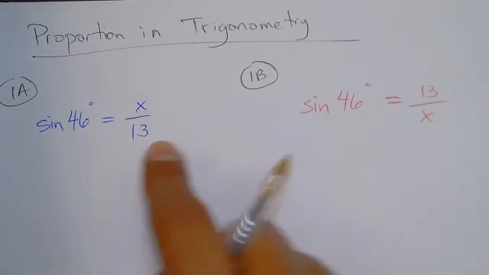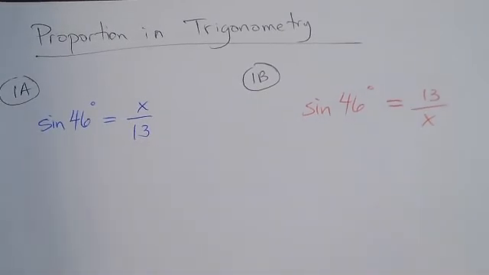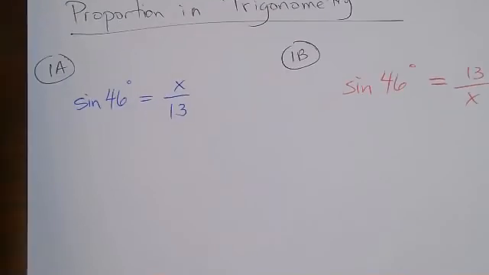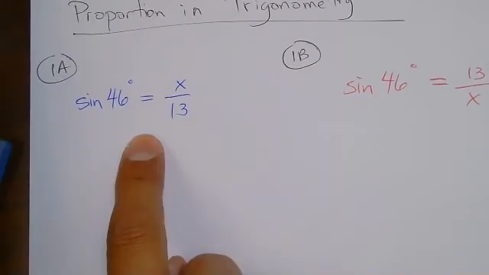I'm using the same sine function, sine of 46, and I got x over 13, but here I got 13 over x. Two totally different problems as far as how you're going to solve it. So that's why I need you to know they don't all solve the same.